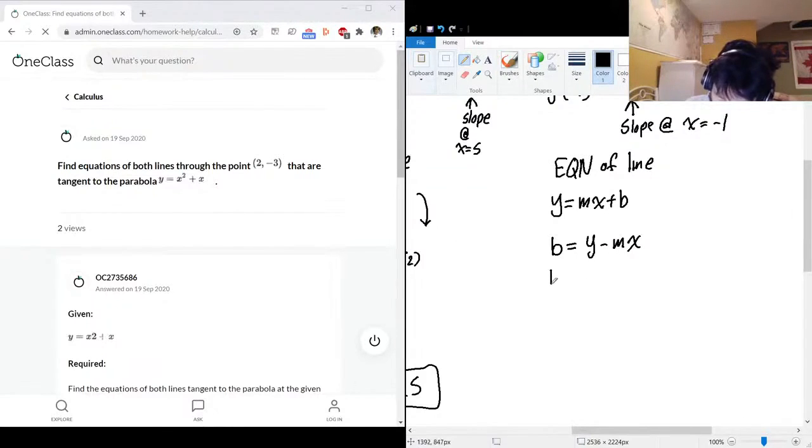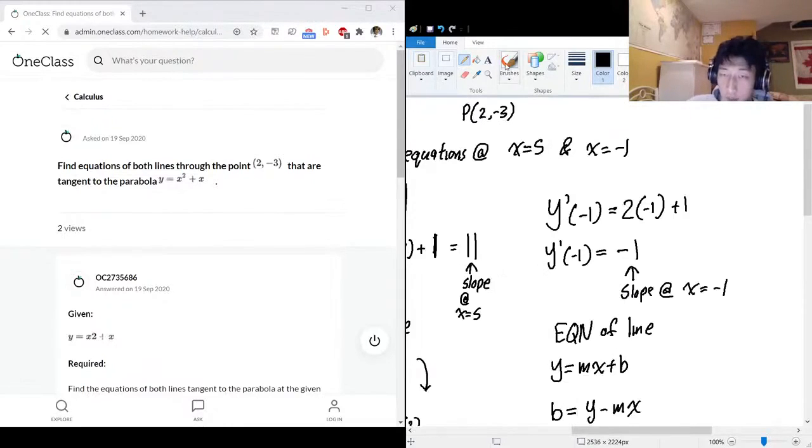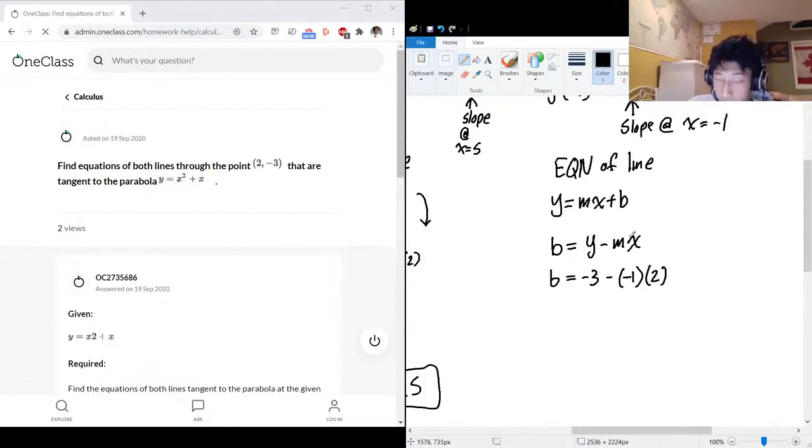Okay, so let's math this out. B is equal to negative 3 minus negative 1 times the x, which was 2, and that comes from point P. So we got negative 3 plus 2.